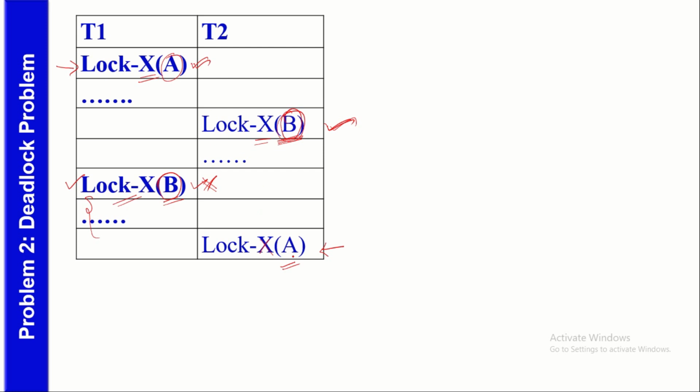So T2 has to wait for T1 to release the lock on A, and T1 is waiting for T2 to release the lock on B. So both are waiting for each other and none can proceed further unless one of the transactions rolls back and releases its locks. This problem leads to deadlock.